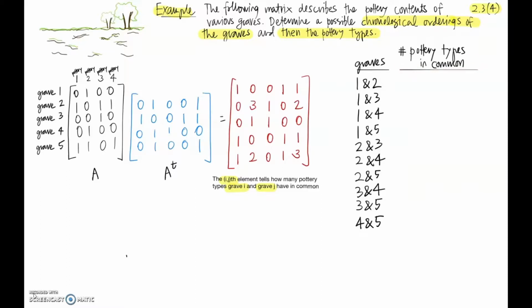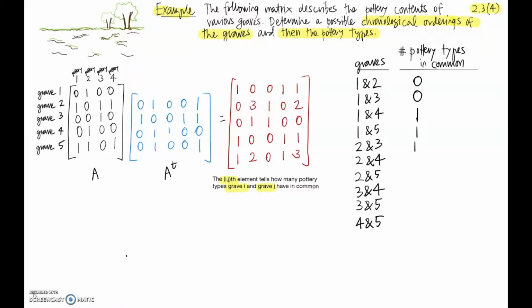So graves 1 and 2, right here, the 1, 2 element of the matrix, these 2 graves have 0 pottery types in common. Graves 1 and 3 have 0 pottery types in common. Graves 1 and 4 have 1 pottery type in common. And graves 1 and 5 have 1 pottery type in common. Graves 2 and 3, let's see, 2, 3 right here, have 1 pottery type in common.